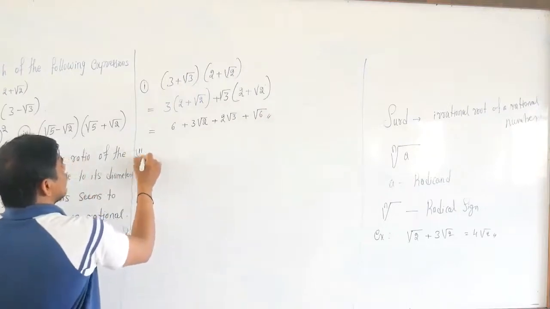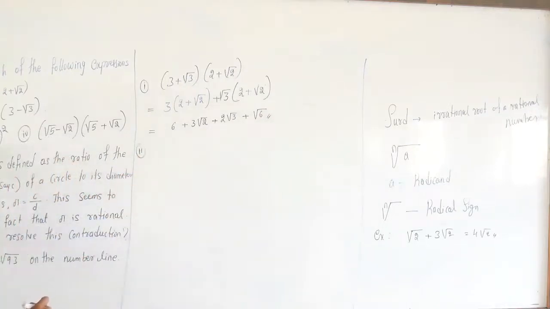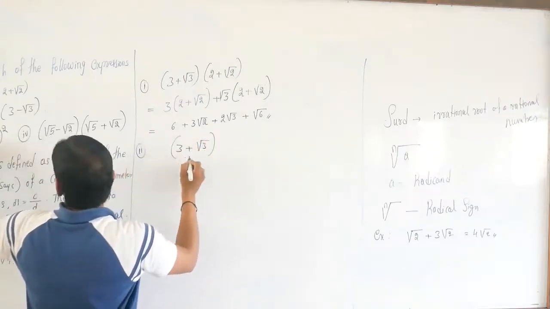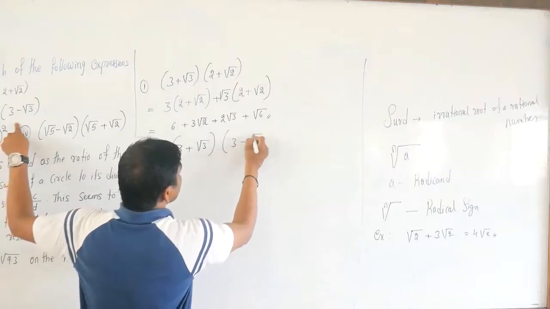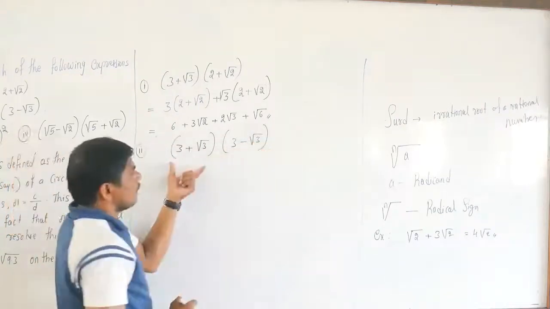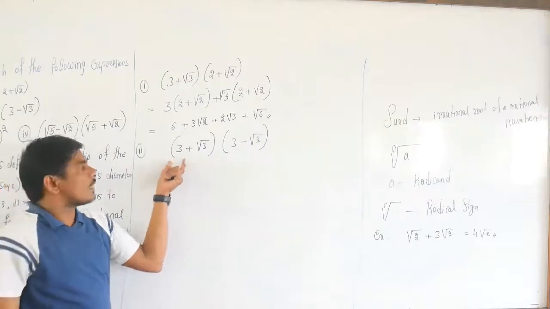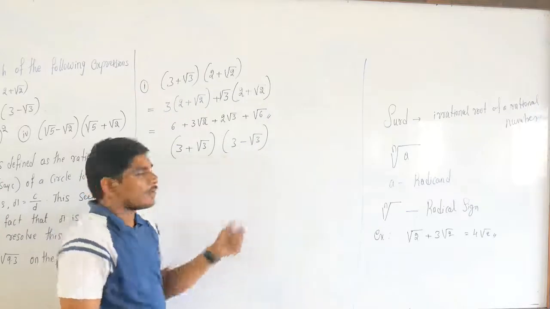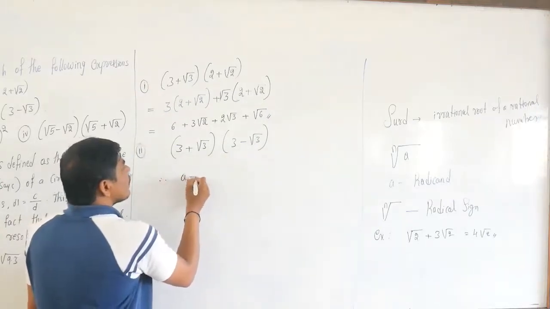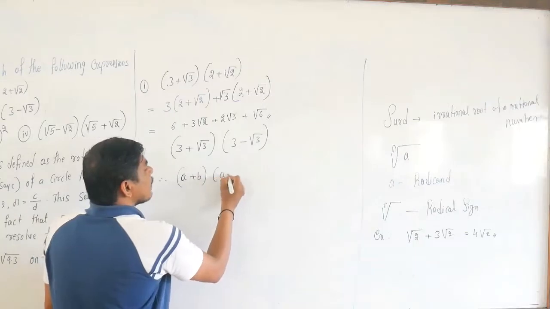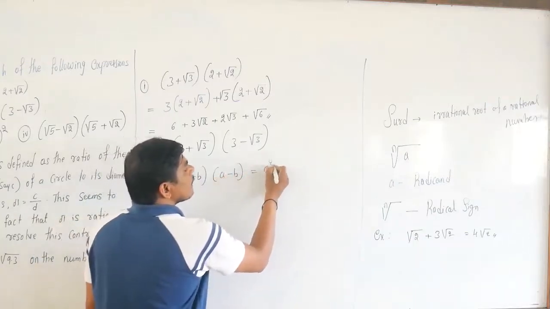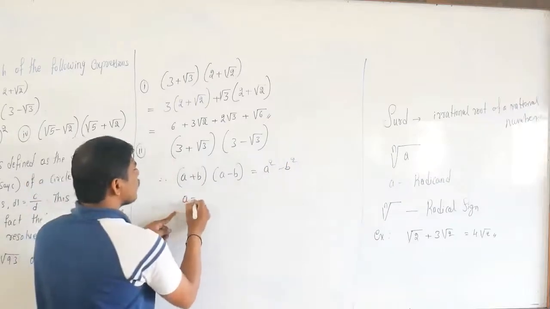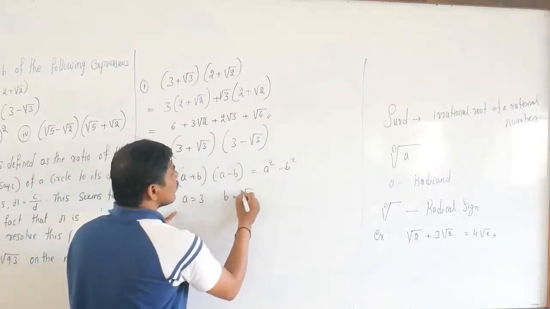And the second one is 3 plus root 3 into 3 minus root 3. Generally you observe these two terms, here is a and this is b, in the a plus b, a minus b form. Therefore a plus b into a minus b is equal to a square minus b square. According to this problem, a is equal to 3 and b is equal to root 3.